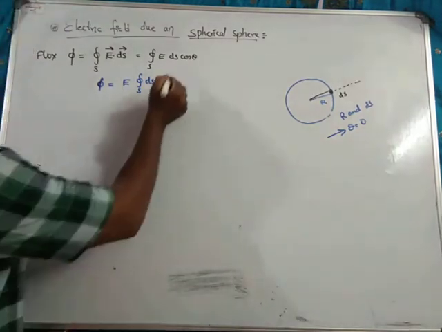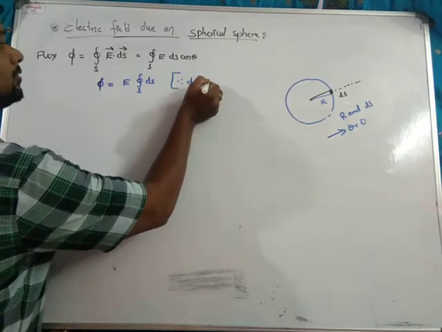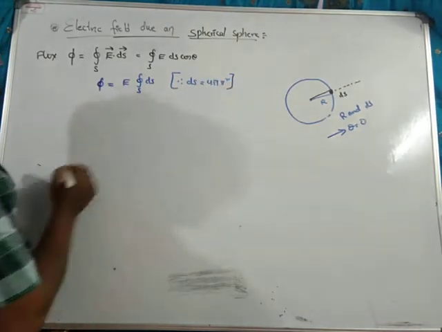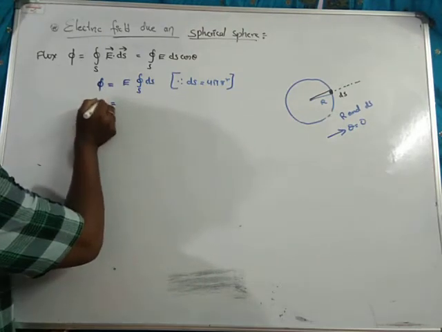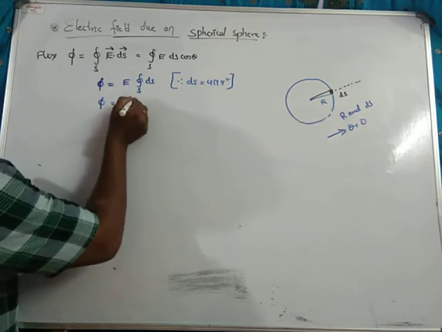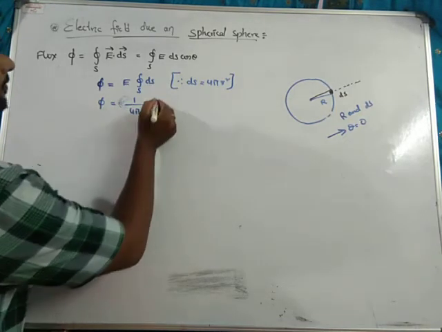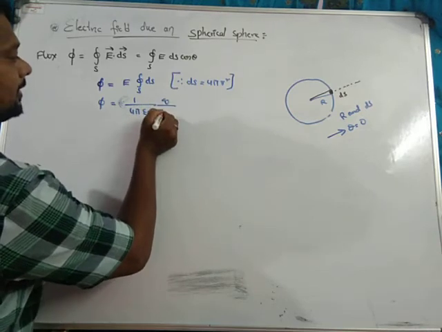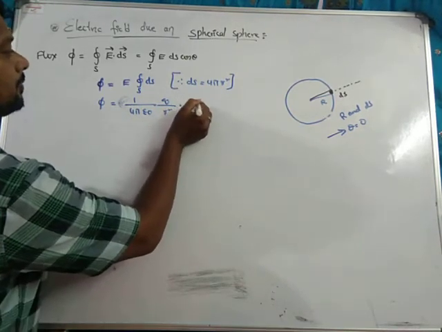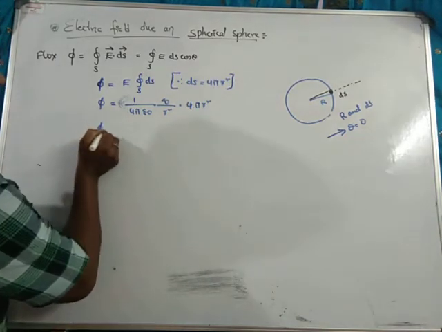For a sphere, the integral of ds is equal to 4 pi r square. Substituting that, we get flux is equal to E. Already we know the value of E as 1 by 4 pi epsilon naught q by r square into 4 pi r square, or leave this expression directly.